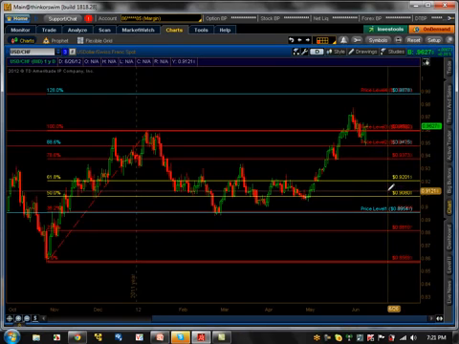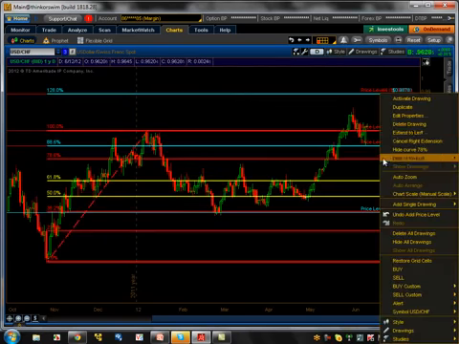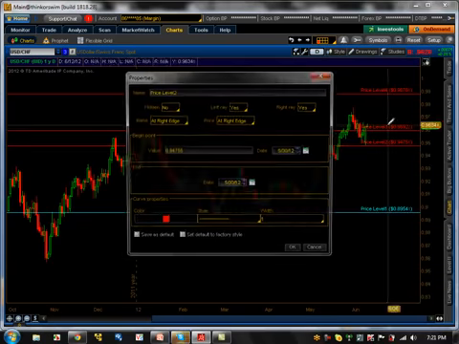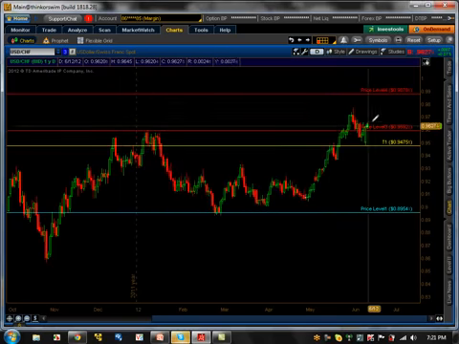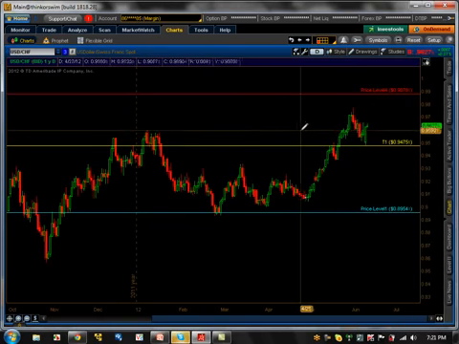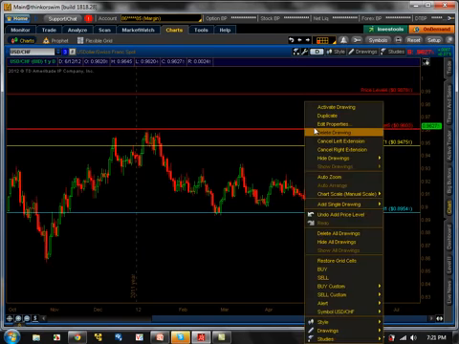So I could basically delete everything. Now I've got a clean looking chart where this is my first profit taking level. I'll call this T1 and color it yellow. My second profit taking level, which I deleted, let's just say it's here.